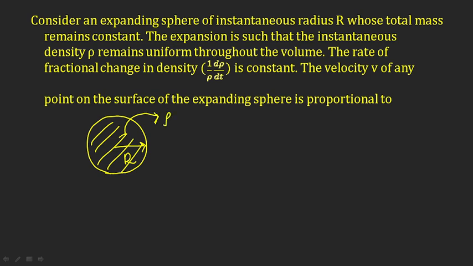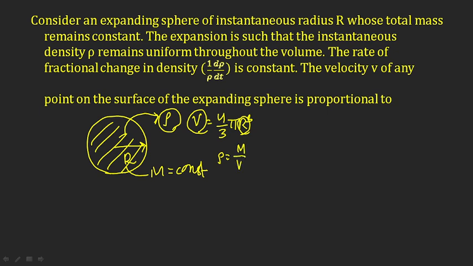However, it is also given that the mass remains constant, that means the mass is not changing, whereas the density is changing because our volume is changing, because volume is given by 4 by 3 pi r cube, and it is expanding, so we can say that the radius is changing continuously, that means the volume is changing continuously. Density is given by mass by volume, so mass is constant, so volume is changing, that means our density is also changing. So what is exactly asked in this question?